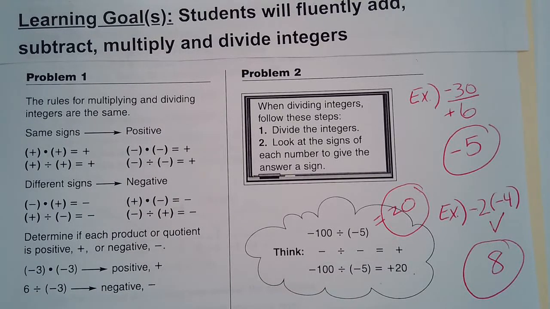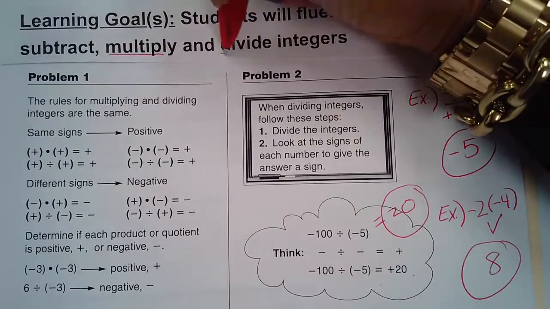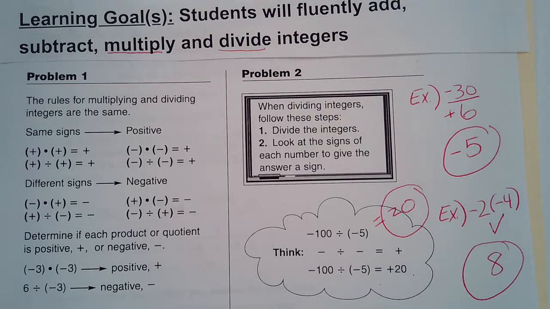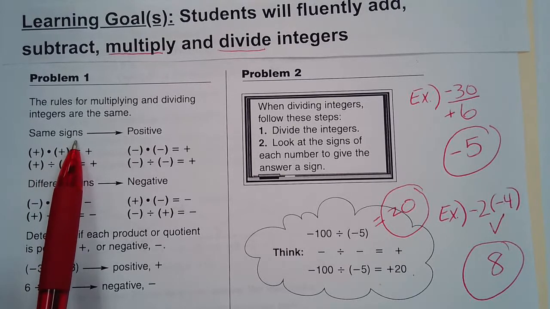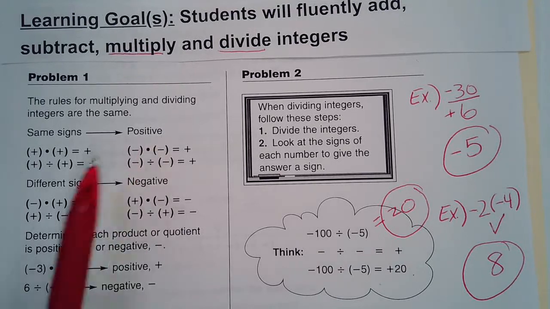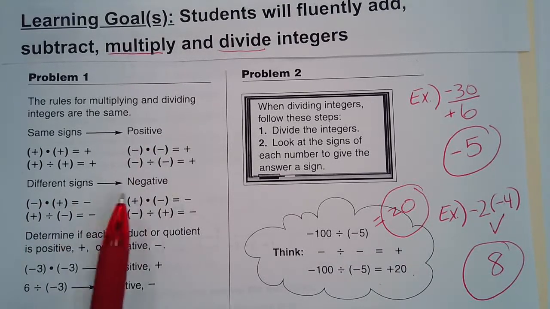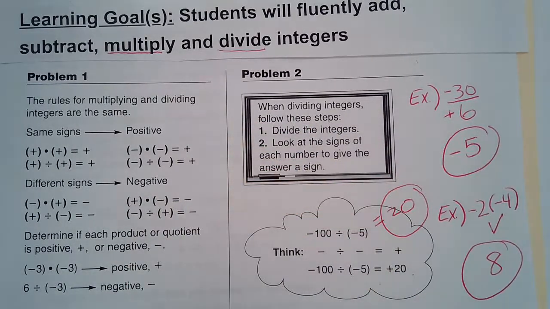So again, just to recap, we focused on multiplying and dividing integers. Our two rules were whenever you're multiplying and dividing integers and you have the same sign, your answers should come out to be positive. Whenever you have different signs, your answers come out to be negative. They give you a picture image so you can view that.